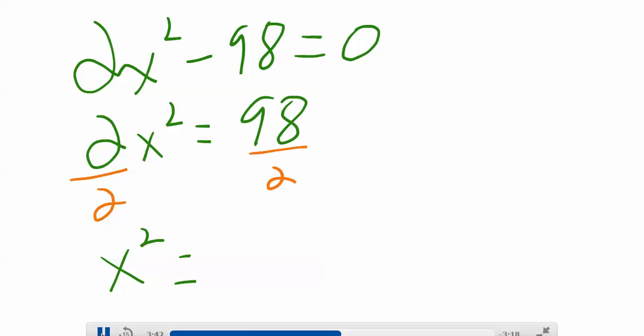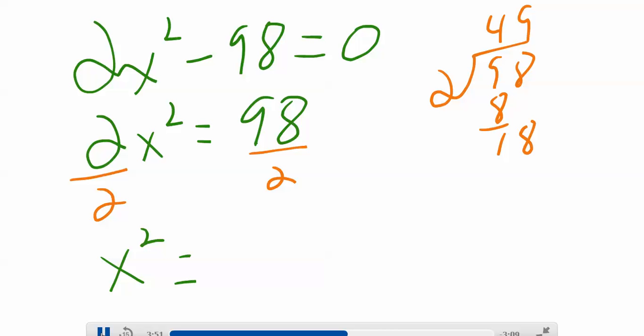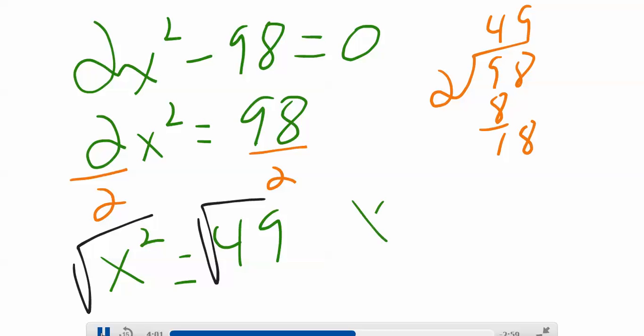If you don't have your calculator, you can go ahead and do this. 4 times 2, that's 8. 1, 8. So is that 49? So x squared is equal to 49. And then you take the square root of both sides. So in our case, x is equal to plus and minus 7.